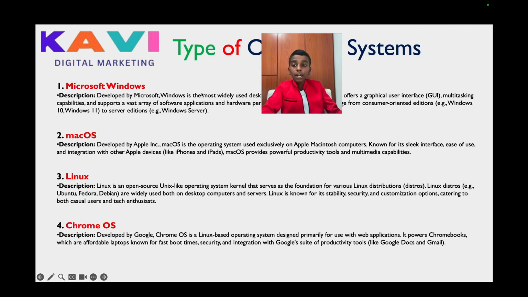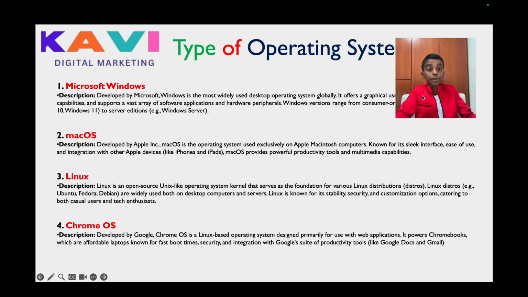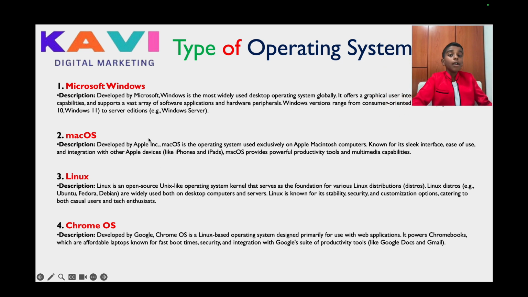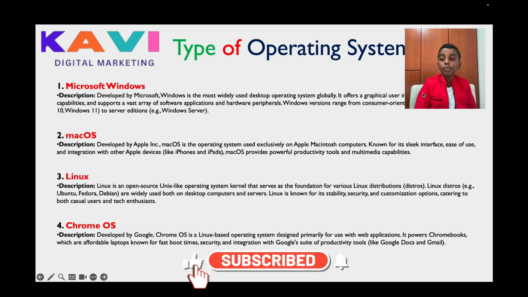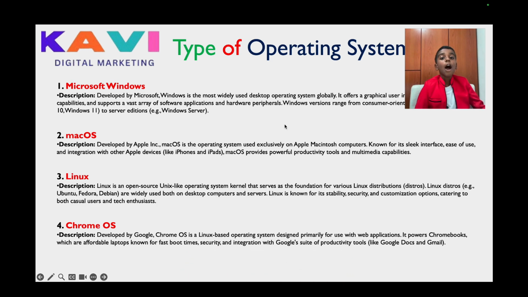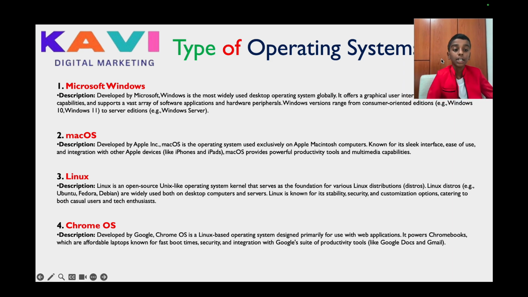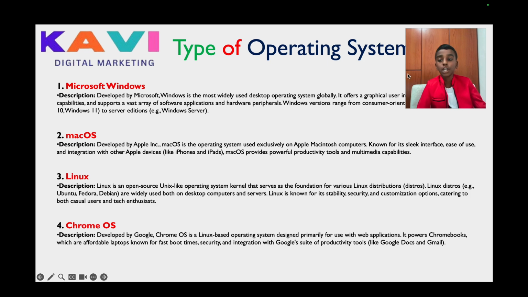In our next slide, I'm going to introduce you to the types of operating systems. Here you have Microsoft Windows, developed by Microsoft. Windows is the most widely used desktop operating system globally. It offers a graphical user interface, GUI, and multitasking capabilities, and supports a vast variety of software applications and hardware peripherals. Windows versions range from consumer-oriented editions, for example Windows 10 and Windows 11, to server editions like Windows Server.